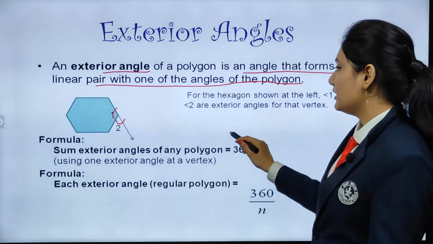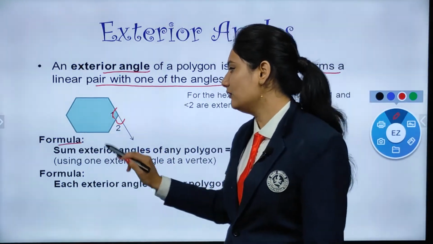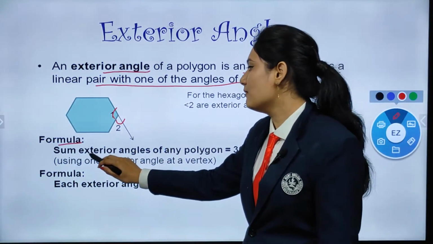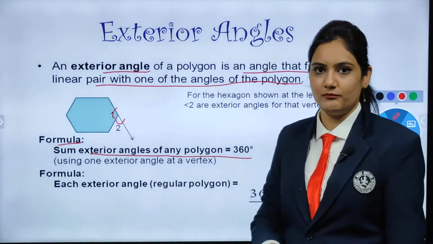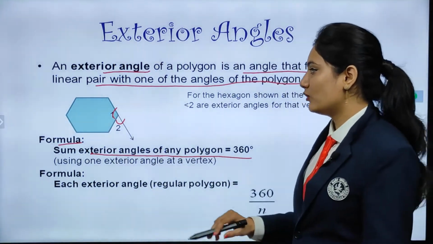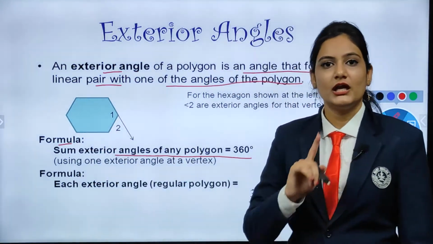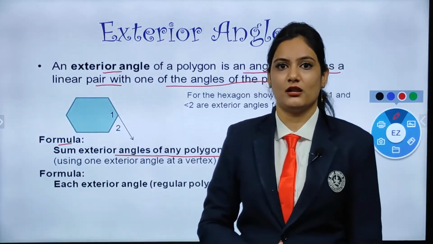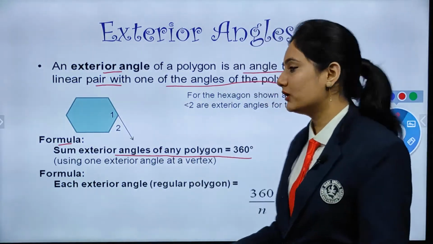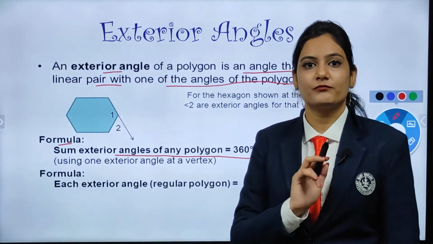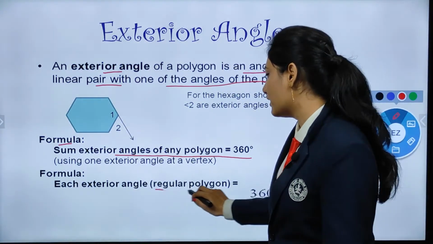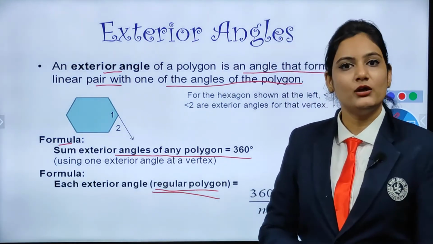Now see, here the formula is written: the sum of exterior angles of any polygon is 360 degree, right? But if you want to find each exterior angle, the formula will be 360 degree upon n, but the condition is it has to be a regular polygon only.